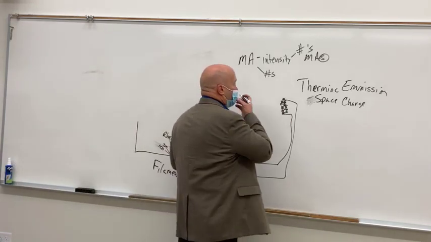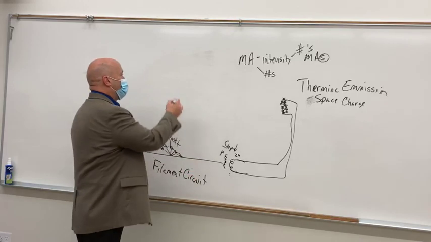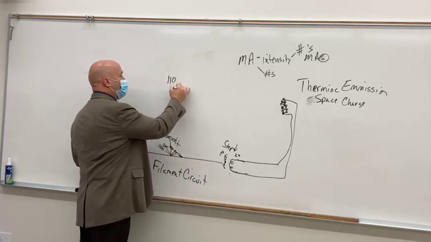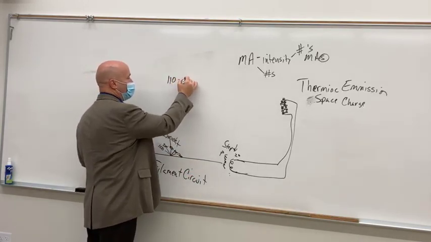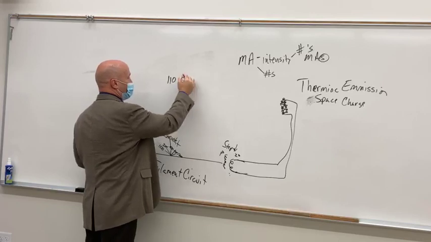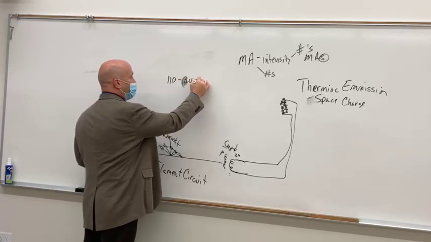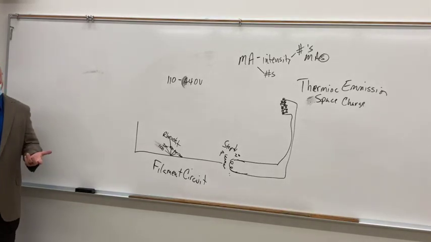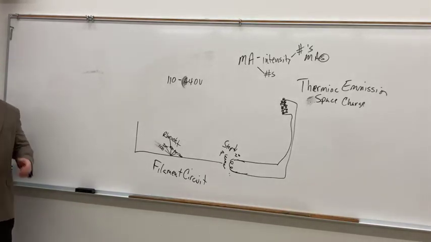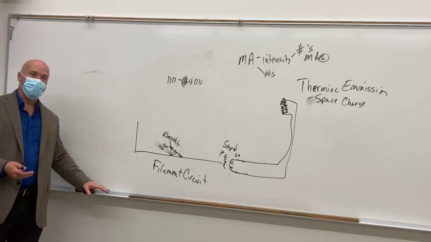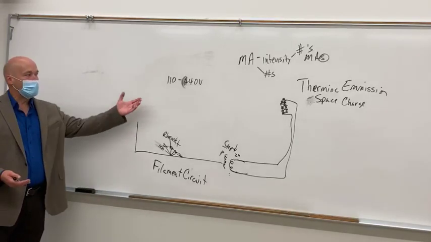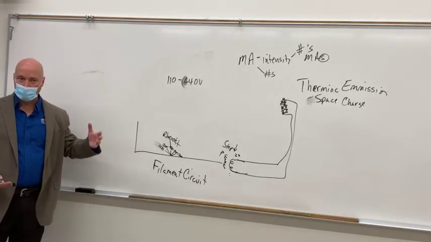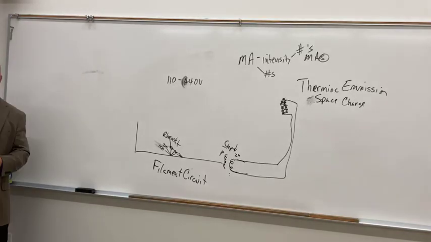So our imaging systems work on voltage ranges anywhere from, depending on the system, 110 all the way up to 440 volts. Okay, 110 volts. If you got a raw wire, a bare wire, and you get close enough to it, you might get some electricity jump away from the wire to get you.